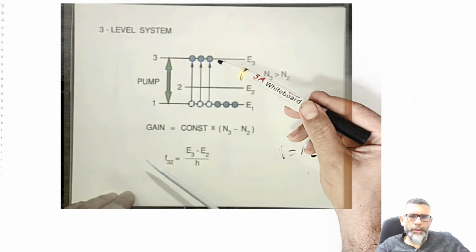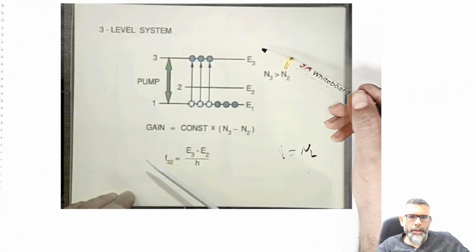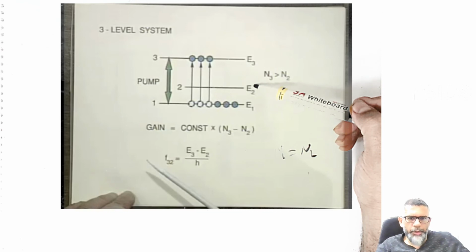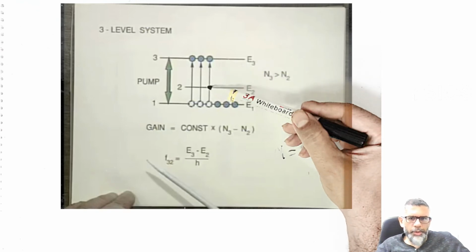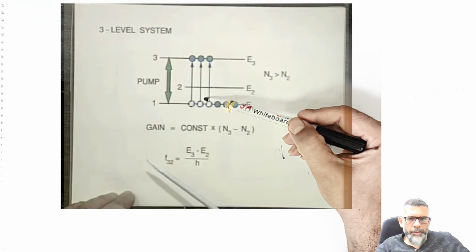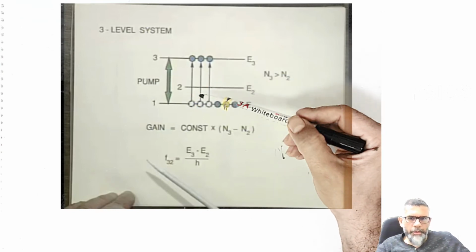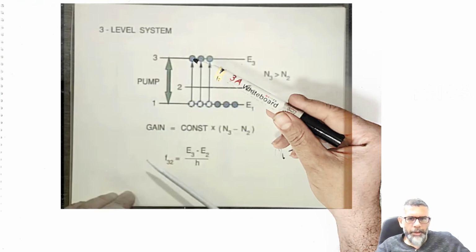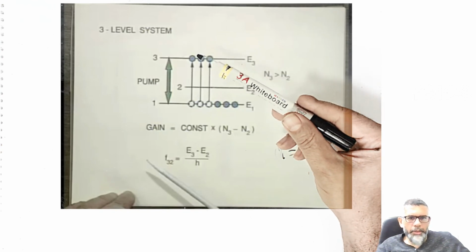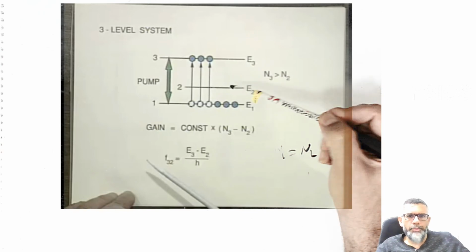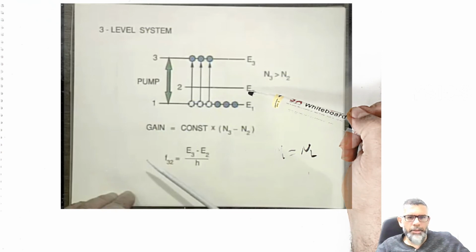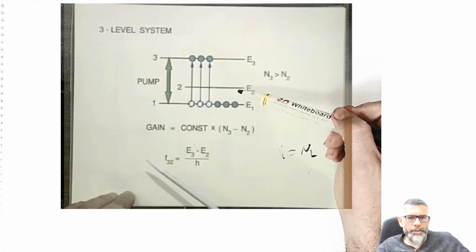Once you populate the third energy level, the laser transition levels are from E3 to E2. Even from the first electron that is pumped and goes to the third energy level, at the first step you reach population inversion, because there are no electrons initially in the second energy state, and N2 is 0.